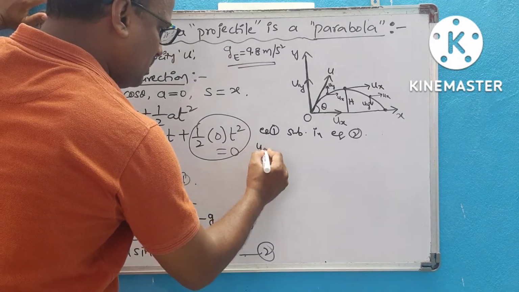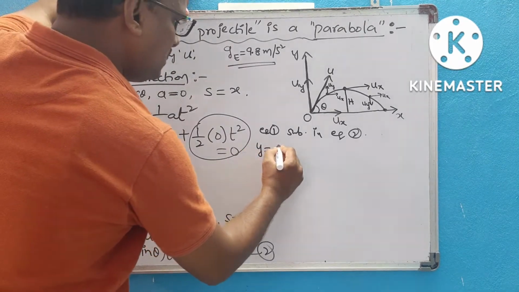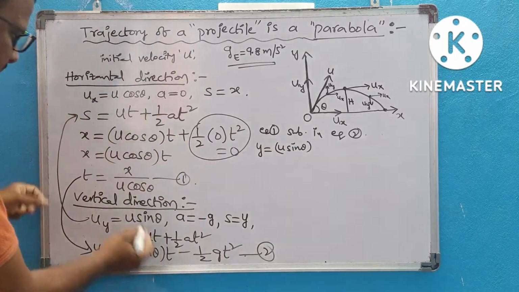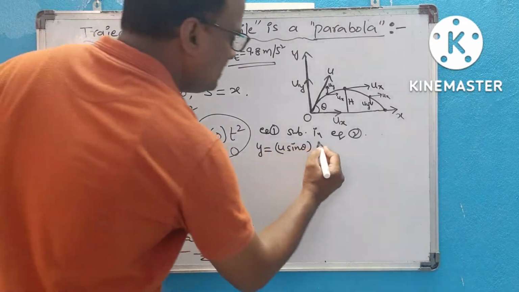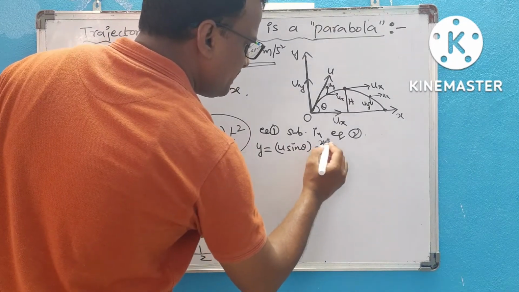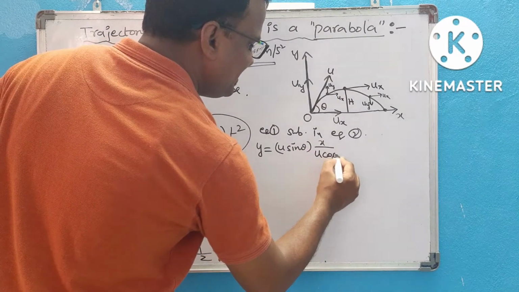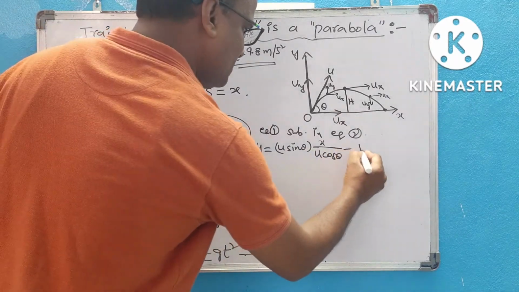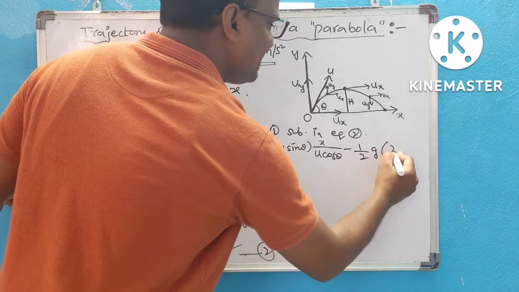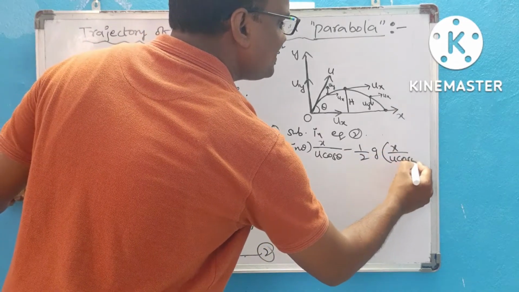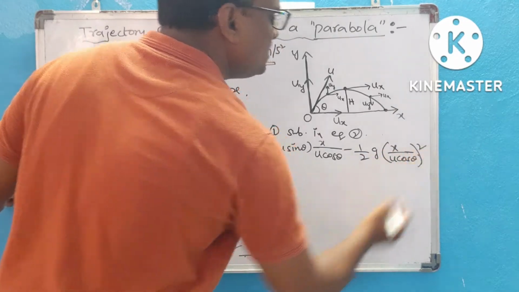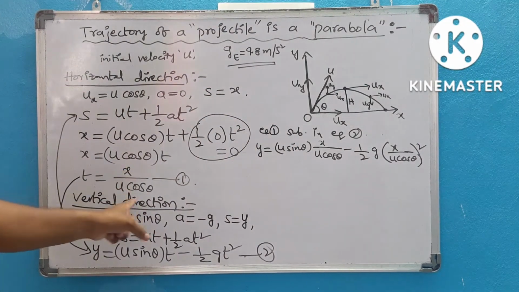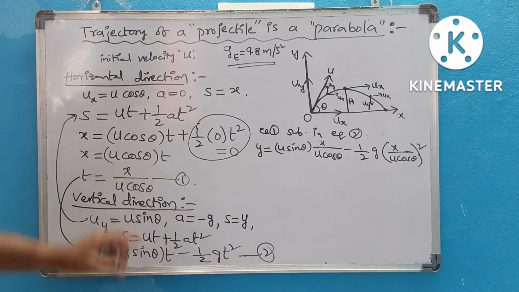So y equal to u sin theta and t. Here t means x by u cos theta. So x by u cos theta, minus half g, x by u cos theta whole square. In place of t, we substitute x by u cos theta from equation 1.